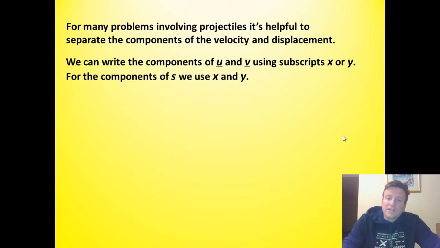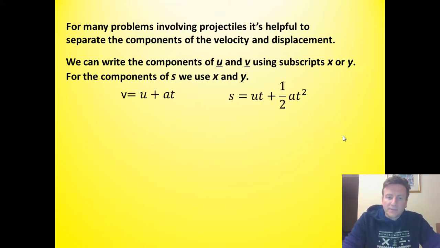So as I just mentioned briefly there, it's quite important normally to separate them into the different components. So we talk about the x component and the y component, and that can be done for u, v, and s. We use the subscripts x and y just to say whether it's in the x direction or the y direction.